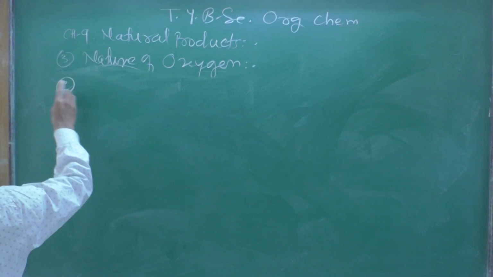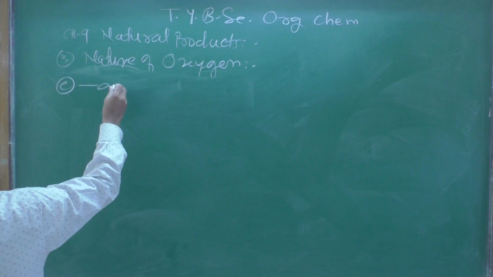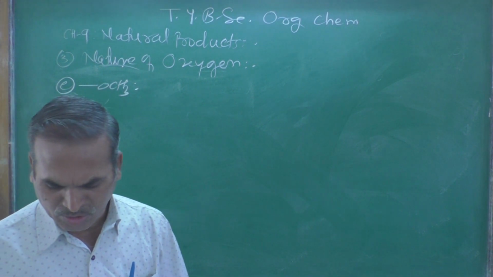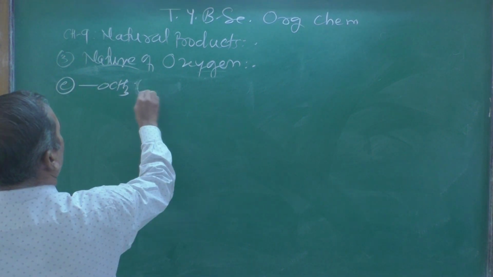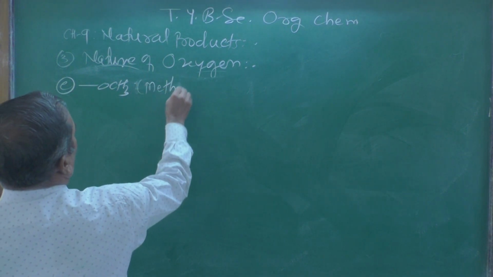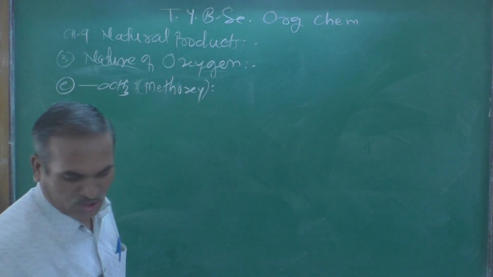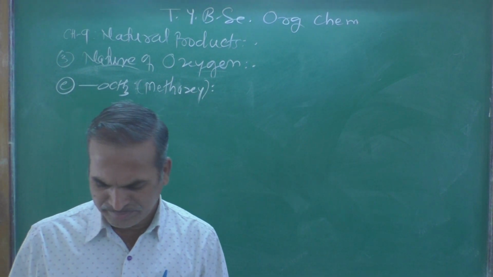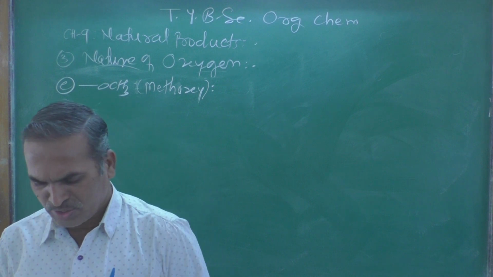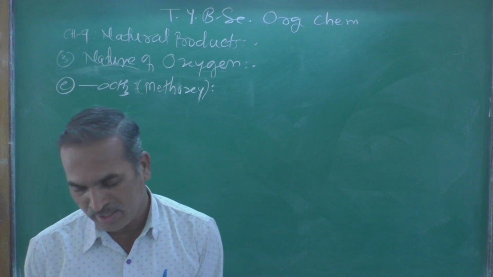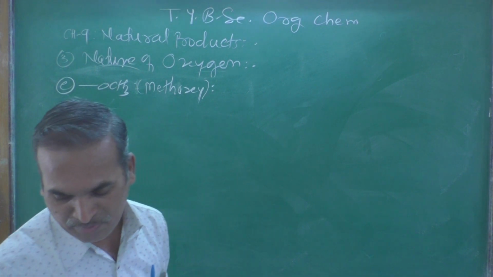That is the E point, OCH3, that is a methoxy group. And the presence of the methoxy group and their number may be determined by Zeisel's method.